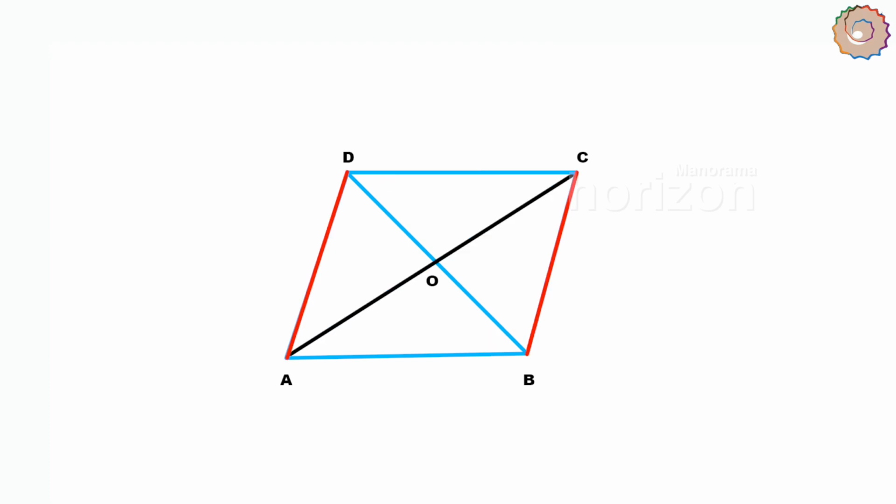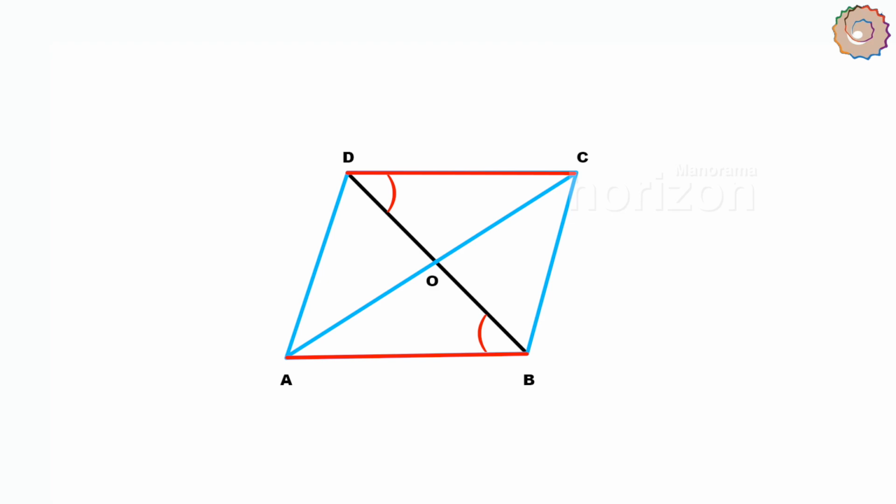Now, for lines AD and BC with the transversal AC, angle OAD is equal to angle OCB. They are the alternate angles. So, the lines are parallel, therefore, we can write AD parallel to BC. Now, for lines AB and CD with the transversal BD, angle ABO is equal to angle CDO.